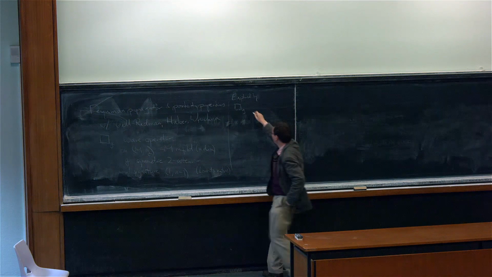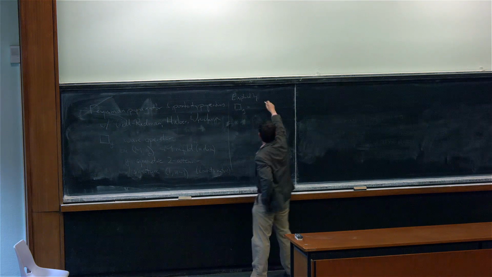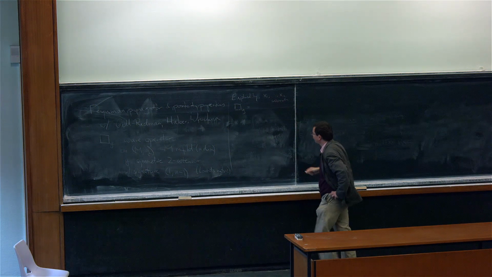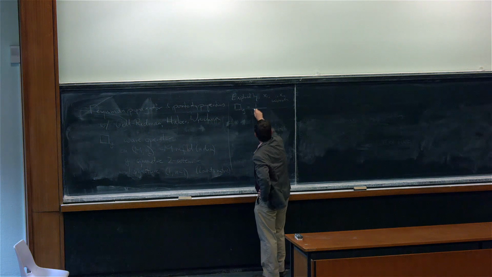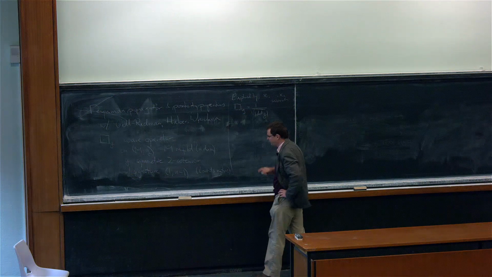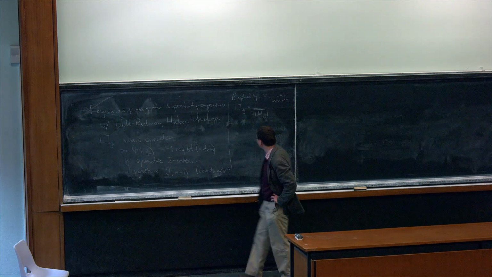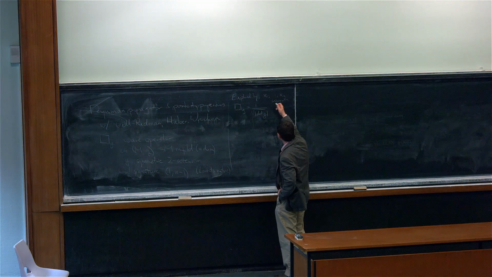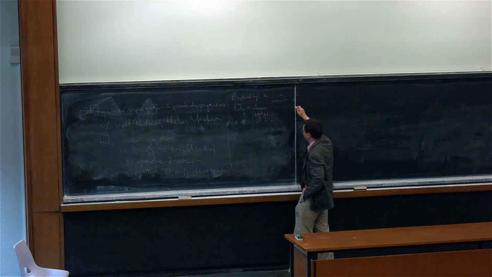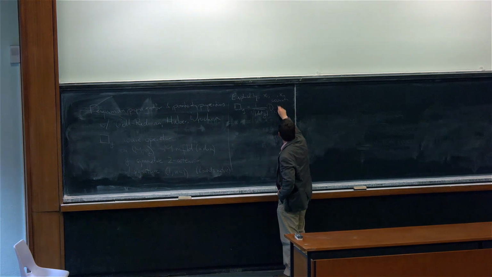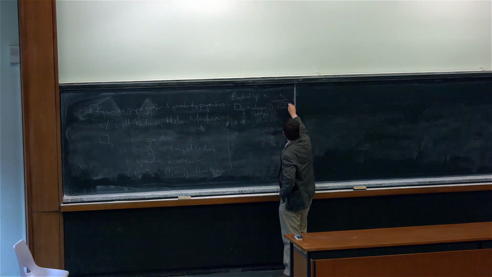Box g is just, if you write your coordinates as, say, x1 through xn, box g is just 1 over the square root of the absolute value of the determinant of g. You think of g as an n by n matrix. Times, okay, you get to argue about signs here as well, so I'm going to write it like this: D_xi times the square root of the determinant of g.